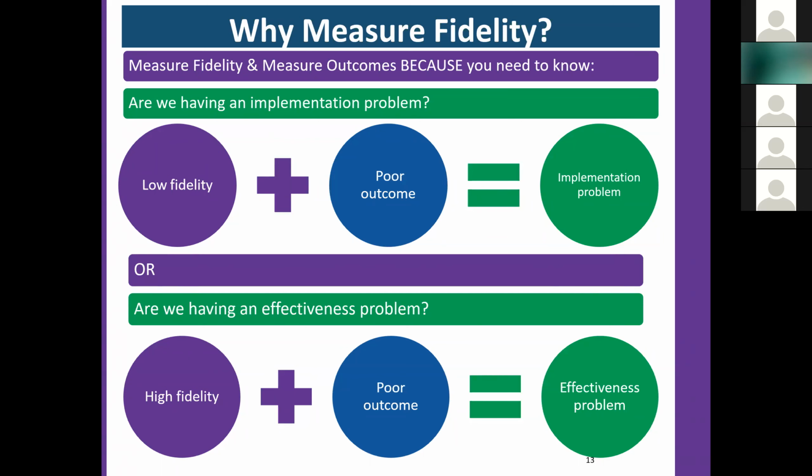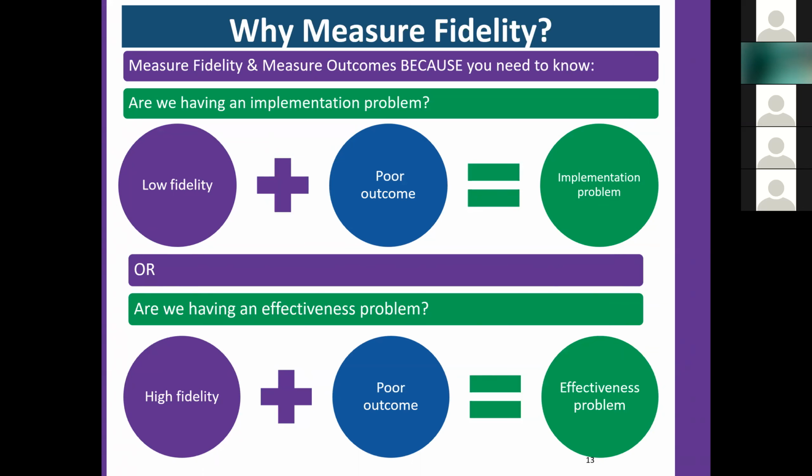If you are monitoring for fidelity and you have high fidelity, high program adherence, but you're seeing poor outcomes, then now you have an effectiveness problem. Maybe your target population has shifted so that what you had been offering is no longer what you need to be offering your families anymore.